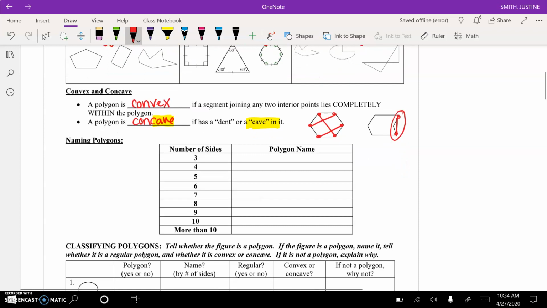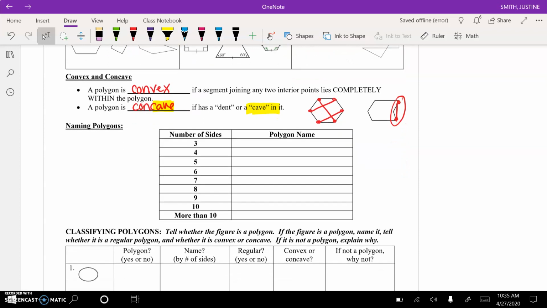Now we also need to know the names for different types of polygons. Hopefully we all know that if it has 3 sides, it's a triangle. With 4 sides, make sure you say a quadrilateral.